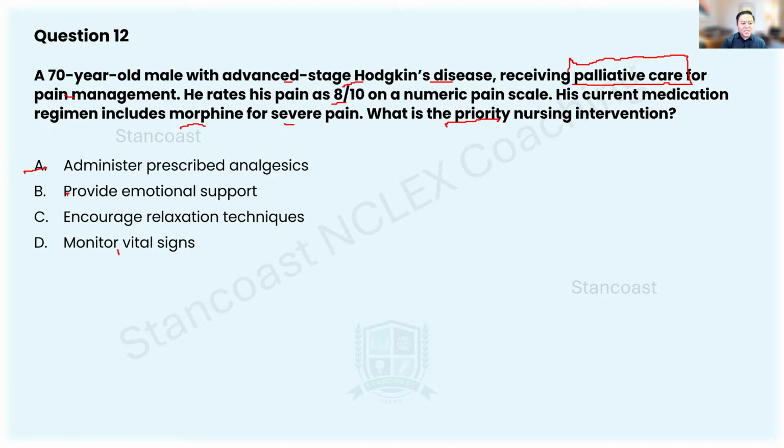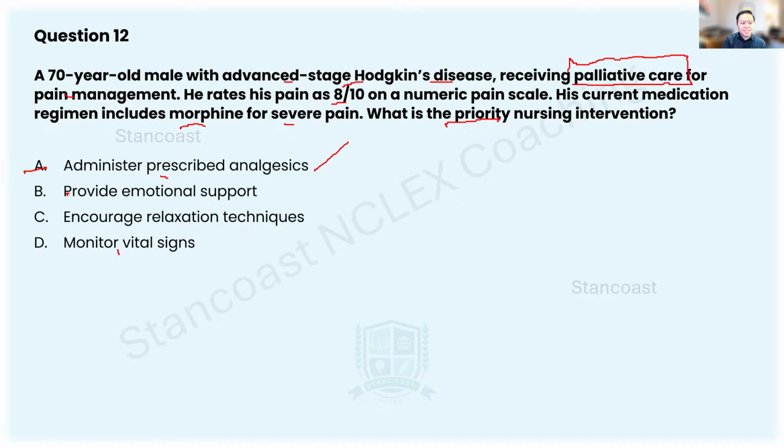We really need to make sure that we are giving them the medication as scheduled or as needed. We need to at least get rid of that painful sensation that they have. They don't have anything else that they want but the pain control. Okay, so we want to make sure that we are addressing the most immediate problem, which is the pain.